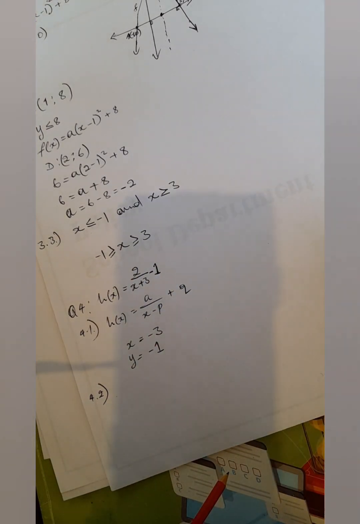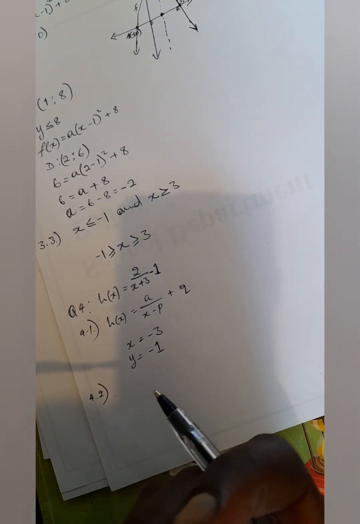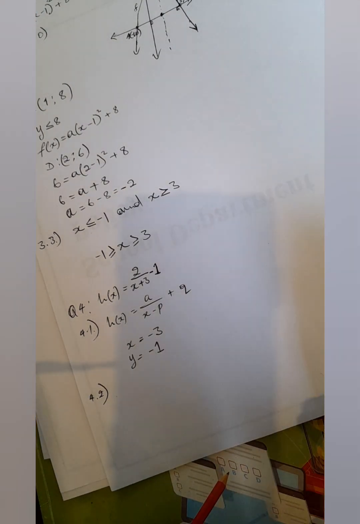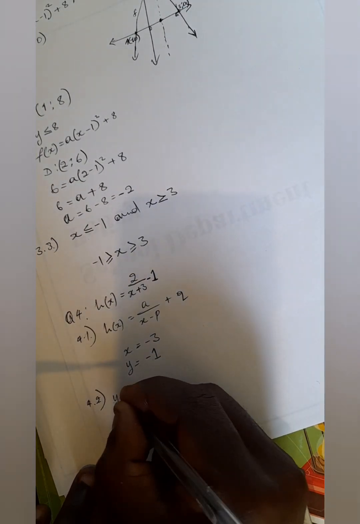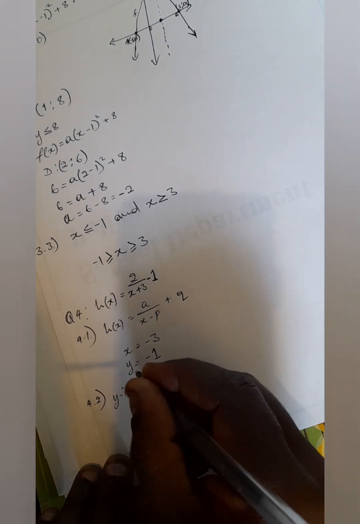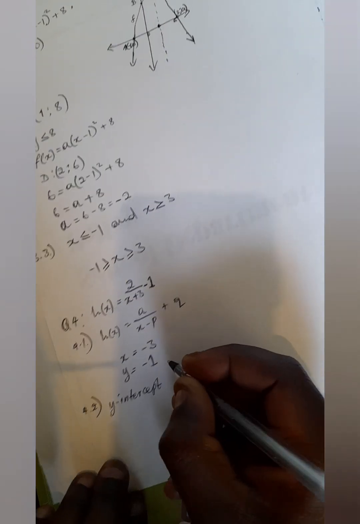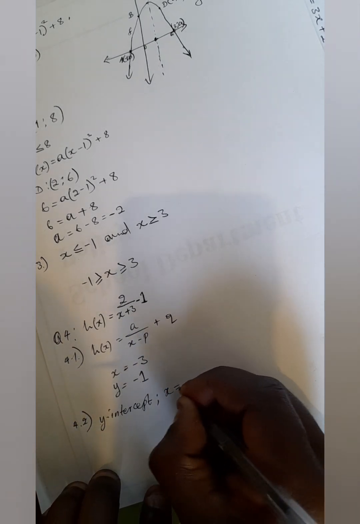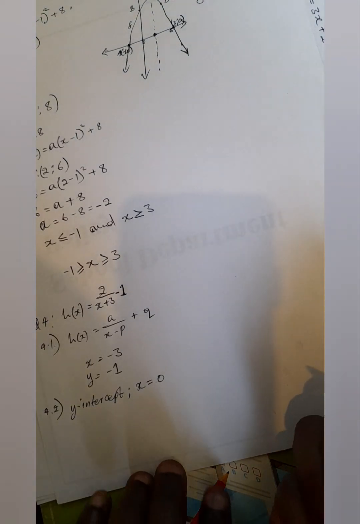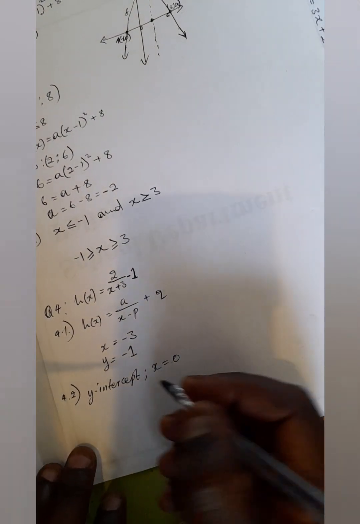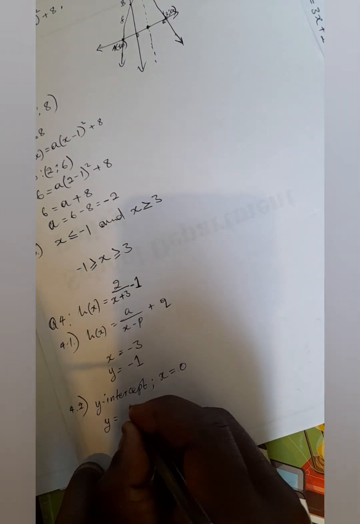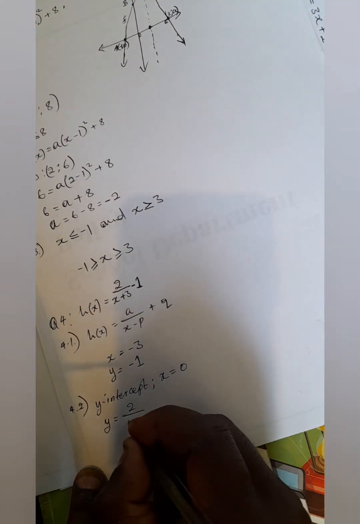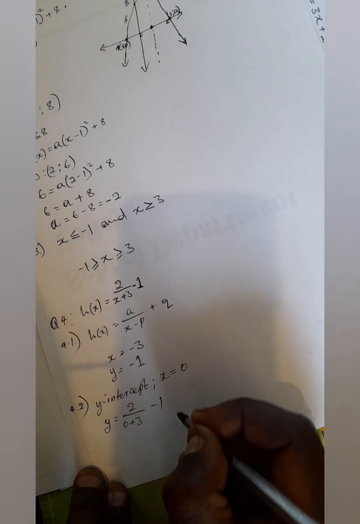4.2, calculate the x and y intercept of h. Okay, so to find the y-intercept, you first start by equating your x to 0. When you equate your x to 0, you remain with y equaling 2 over 0 plus 3, minus 1.